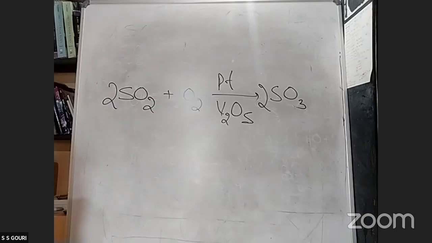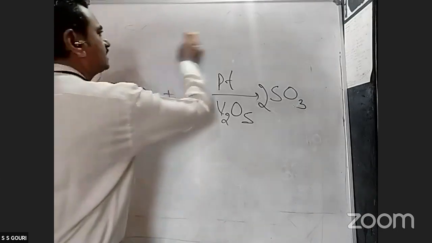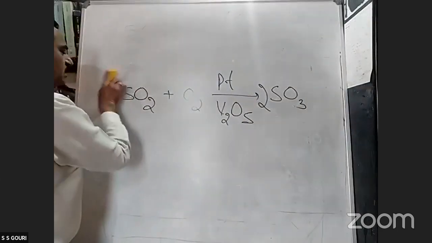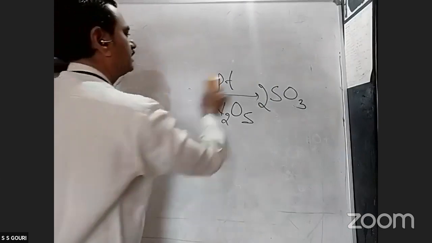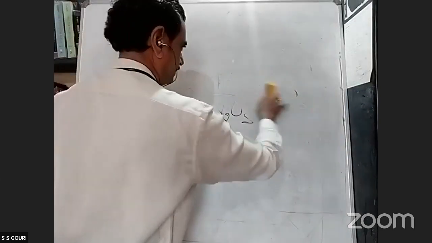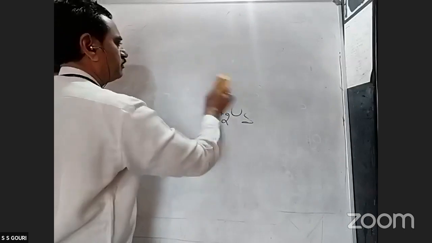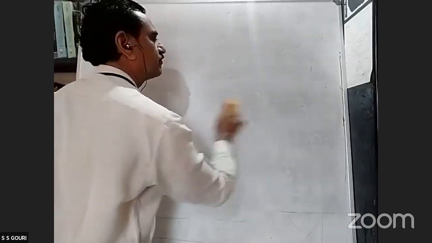And now, reducing property. Reducing property means SO2 can act as a reducing agent. What do you mean by a reducing agent? You get into a kind of dilemma to say what it is, because there are many definitions.